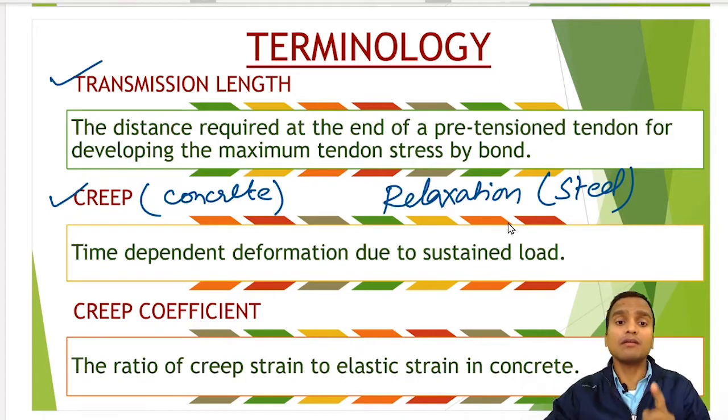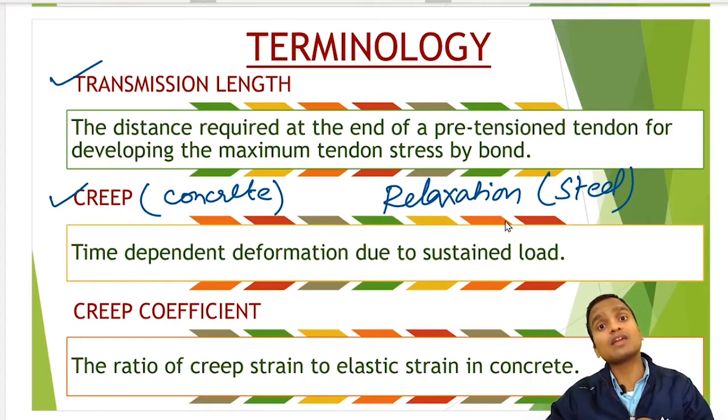So such a time dependent deformation due to sustained load in the concrete is said to be creep. Similarly, relaxation is the time dependent deformation due to sustained load in the steel. Both have similar meaning, but creep is the property of concrete and relaxation is the property of steel.